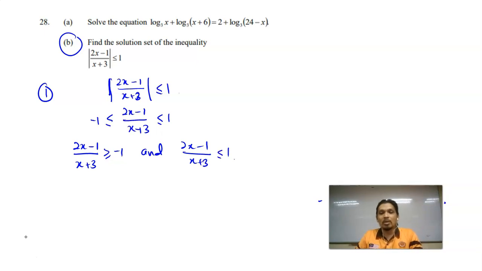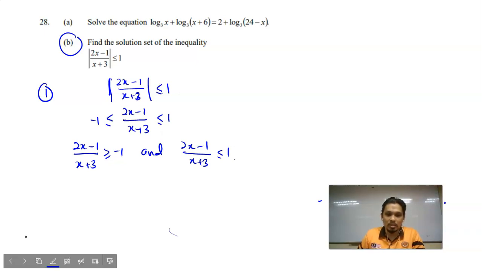Okay, this is option number 1. So solve one part, then the other part, you get the solution for case 1 and case 2, and combine them all together to get the final solution.